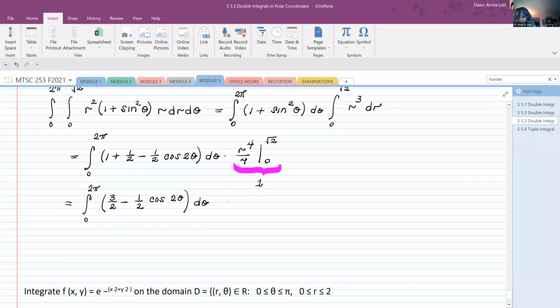Okay, so this integrates to 3/2 theta minus 1/4 the sine of 2 theta evaluated between 0 and 2 pi. And the only thing that's going to come out of there is 3/2 times 2 pi, which is going to be 3 pi.